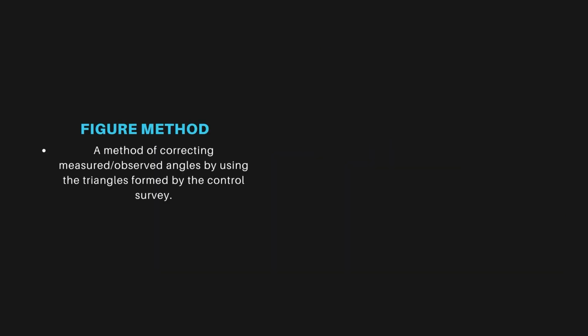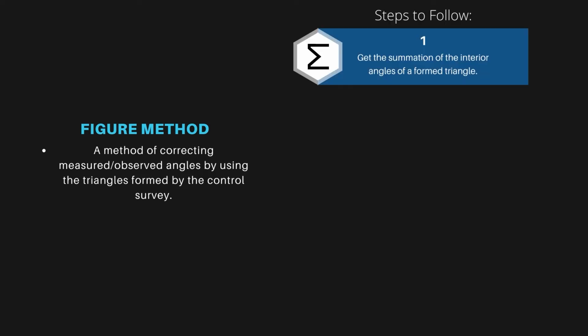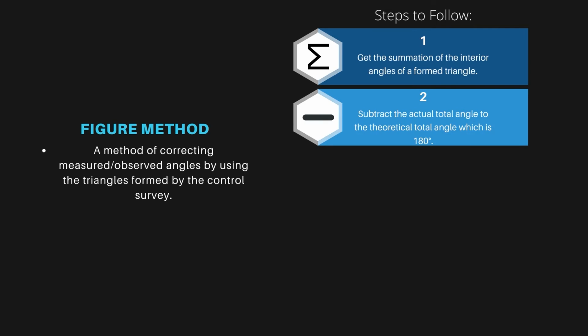The second method is the figure method. There are 5 steps in executing a figure method. First is to get the total of the interior angles of a formed triangle. This will be your actual total angle. The next step is to subtract the actual total angle from the theoretical total angle, which is 180 degrees for a triangle.